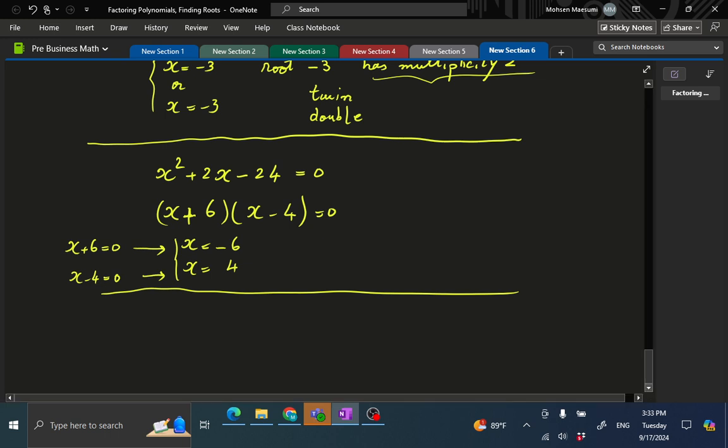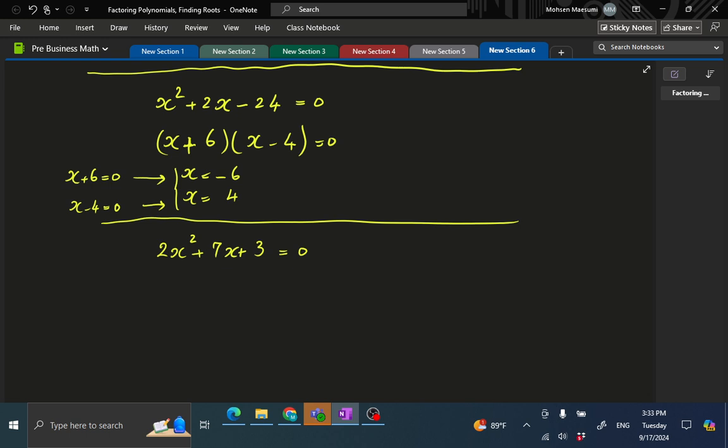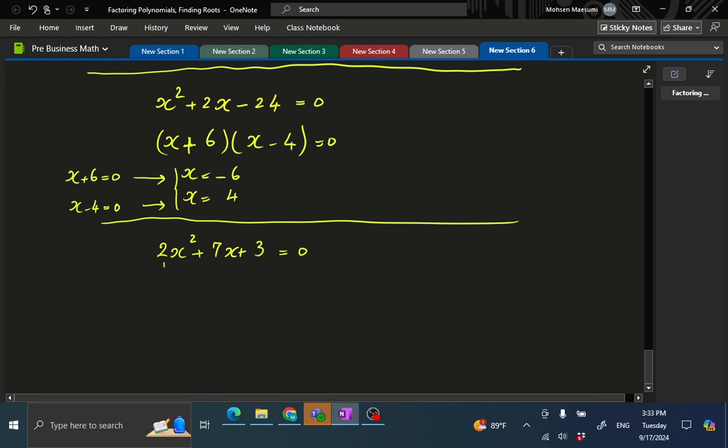Next example was a bit more challenging. For example, we had 2x squared plus 7x plus 3. We learned how to factor it, and now we are going to solve it. How did we proceed? Remember, we said take the first and last numbers and multiply, it becomes 6.